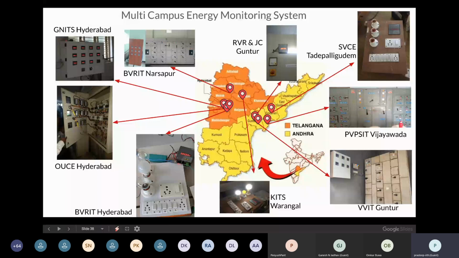What basically we do is we make a visit and look at the distribution panel, and then we provide the materials list, and we ask the institute to purchase the materials. The connections and the software part we provide for free, along with guidance on how to connect. These are some examples, like some of the colleges.